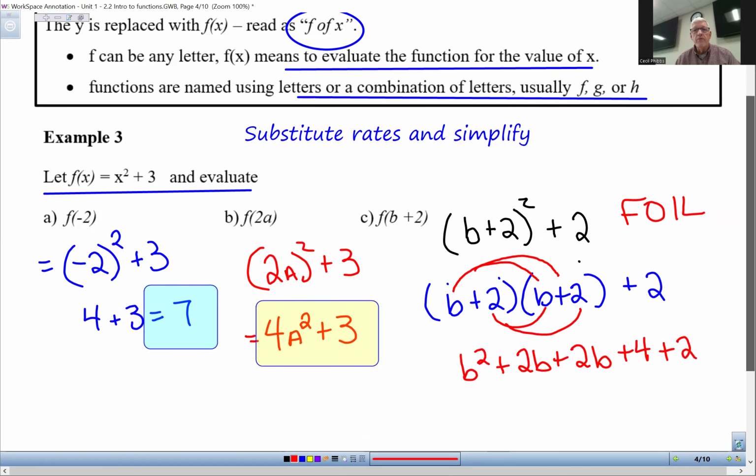And then finally, again, we want to simplify this, so we're combining our like terms together. So we're going to end up with b squared plus 4b plus 6. Okay, so that is evaluating the function. Again, we're plugging in the given values that we have into our function.